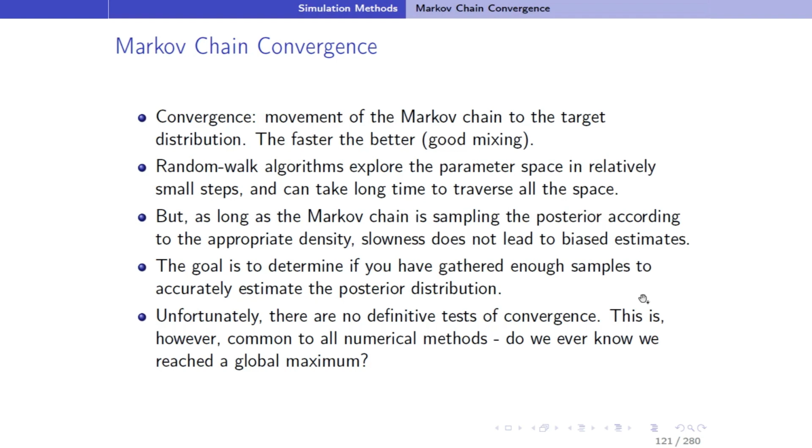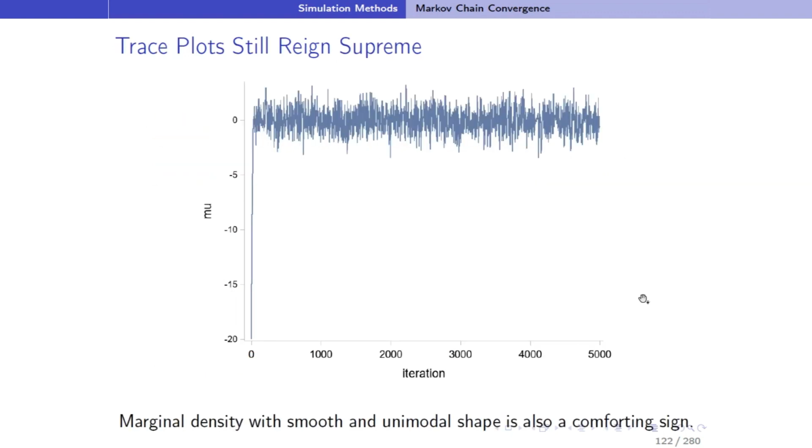The same idea applies to running Markov chain diagnostics: you need some numerical or visual support that the Markov chain has stabilized and is sampling from a stationary distribution.